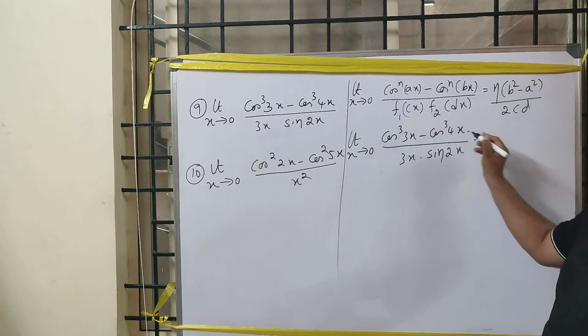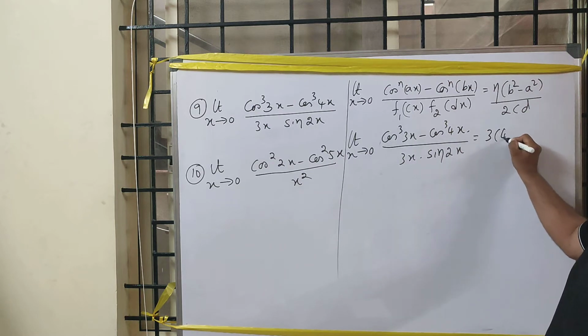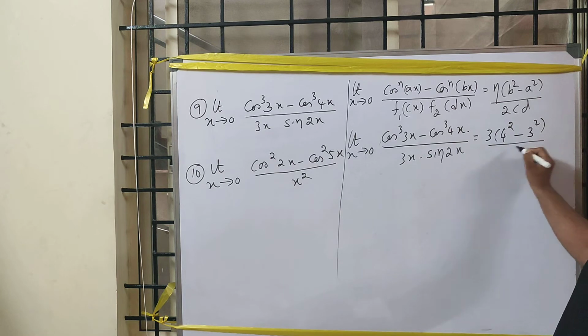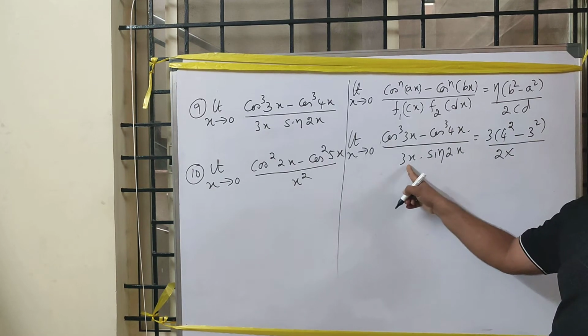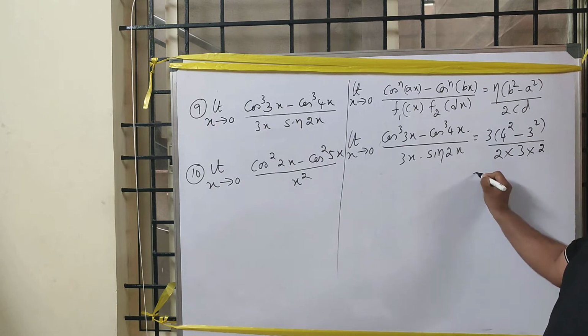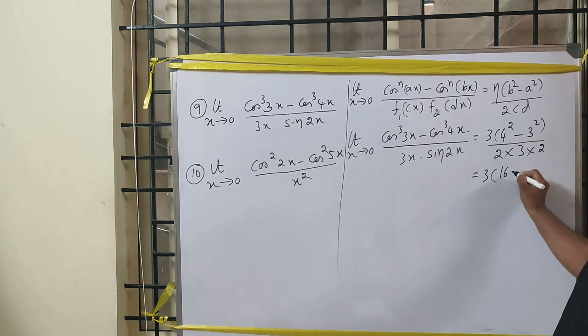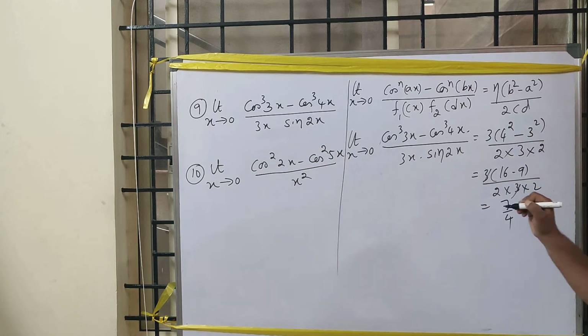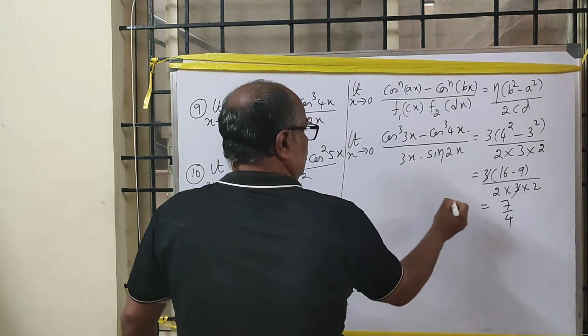N is the power 3, b is 4, a is 3, divided by 2 into c, which is 3, and d, which is 2. This is equal to 3 of 16 minus 9 divided by 2 into 3 into 2. 3 gets cancelled, 16 minus 9 is 7, divided by 4 is the answer for the ninth question.